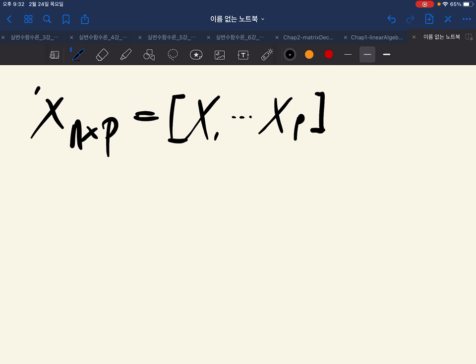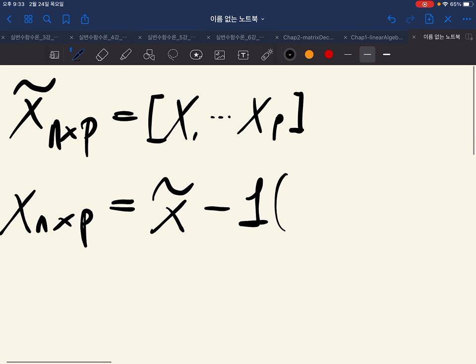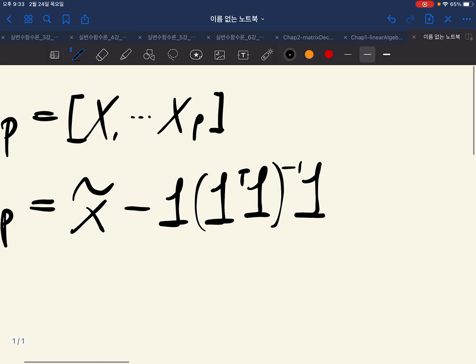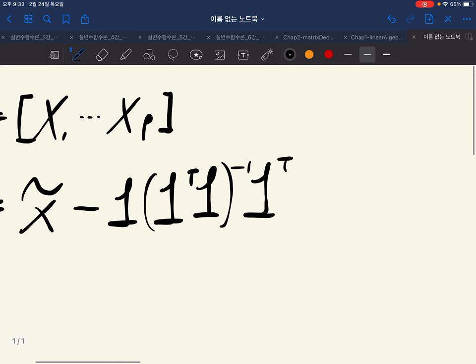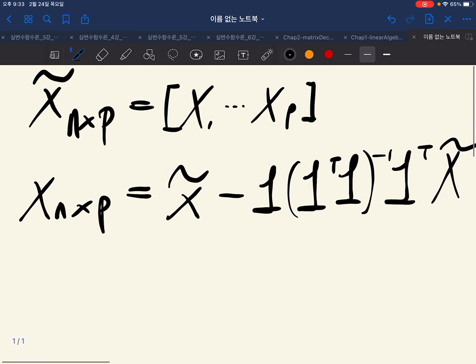So let's say X tilde is a matrix with uncentered columns, and let's define X this way using the projection matrix onto the constant vector.